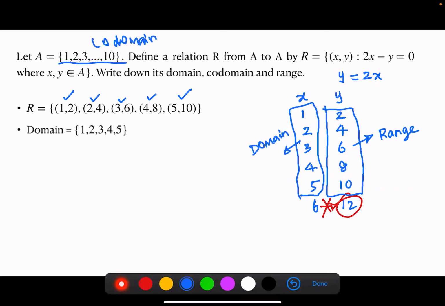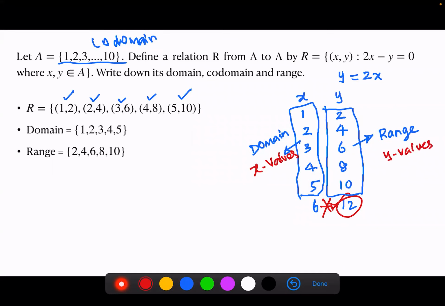So domain is those input elements, and range is your output elements. In maths, we always try to show some dependency of y on x, so it is helpful to think of x values as the domain and y values as the range.